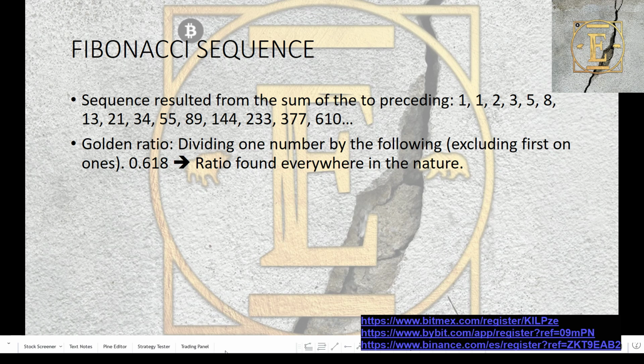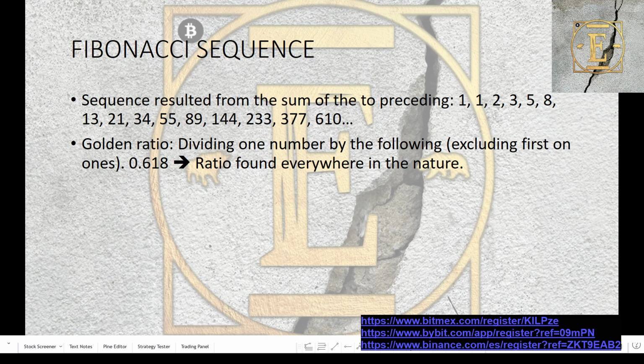as you know, it's a trading tool that is based on the Fibonacci sequence, where each number is the sum of the number and the preceding one.